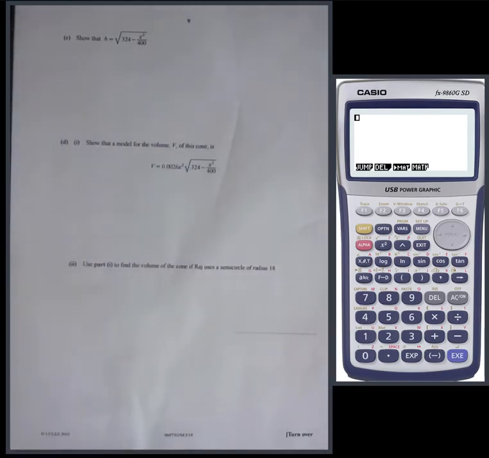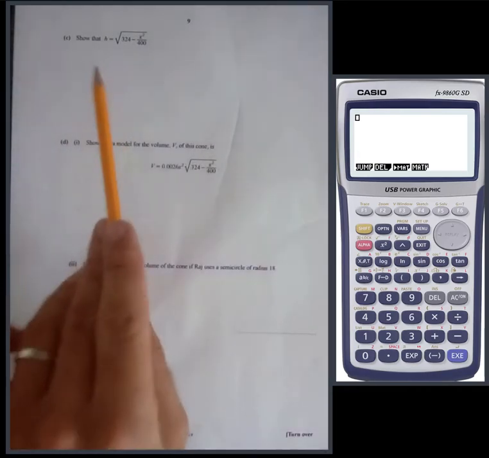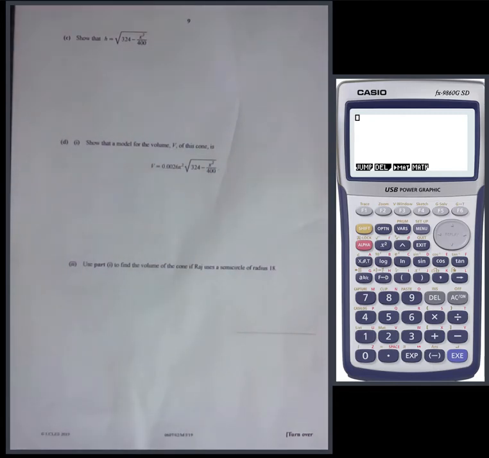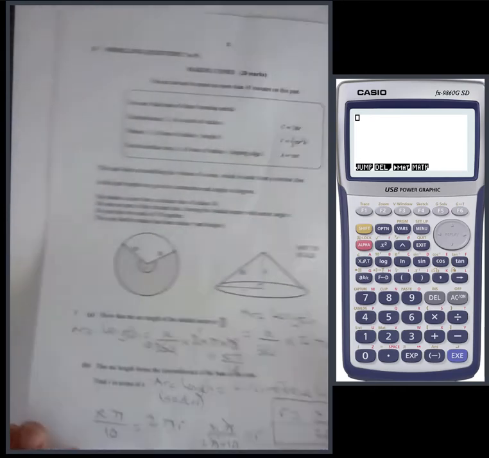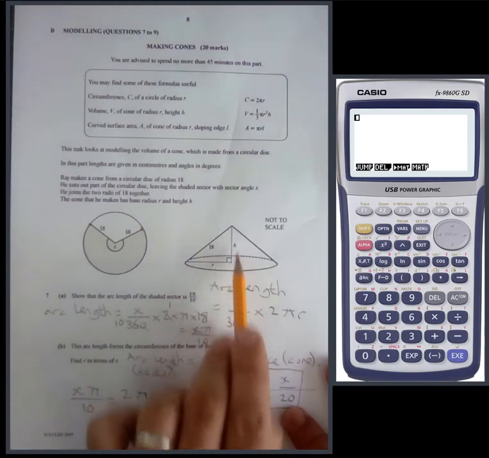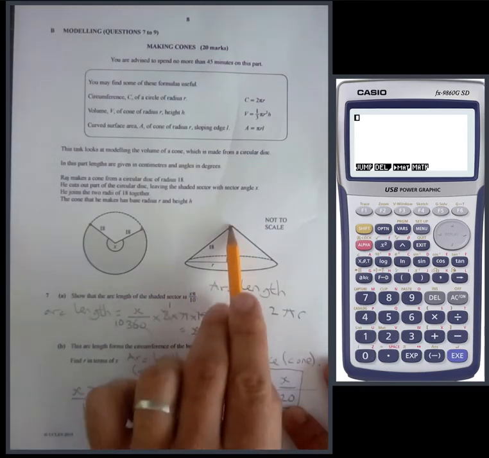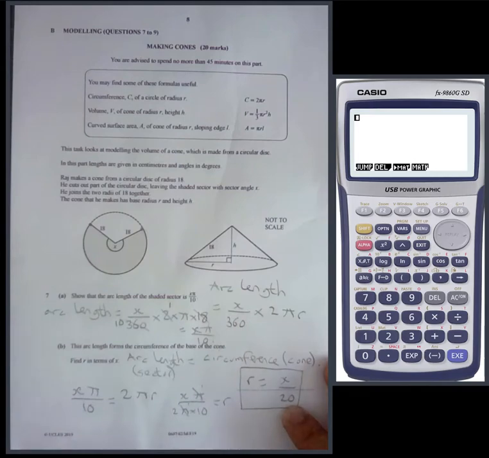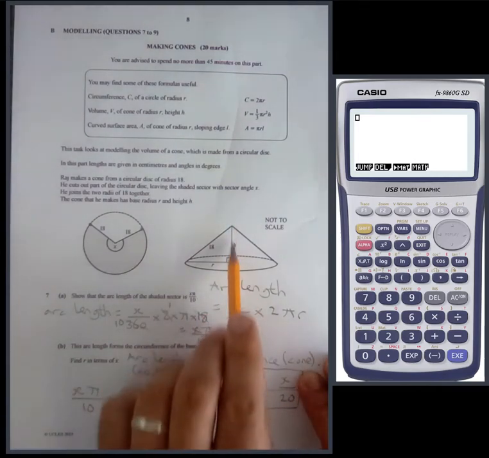Okay. Show that h equals the square root of 324 minus x squared over 400. So we need to find an expression for h. If we go back here, you can see that h is the height of the cone, and we've got this triangle here. So you can see, just using your Pythagoras theorem, it's a right angled triangle.